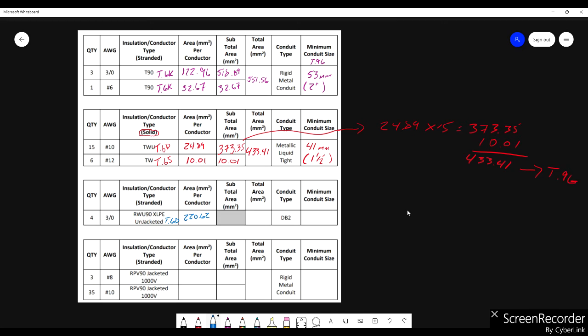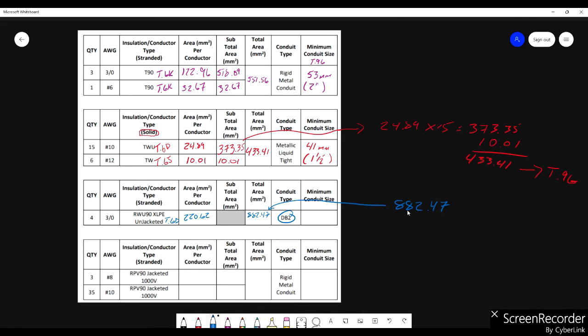220.62. Again, just take that number times the number of conductors, because this is based on the individual. So that times 4 will give you 882.47. We're using DB2 duct.